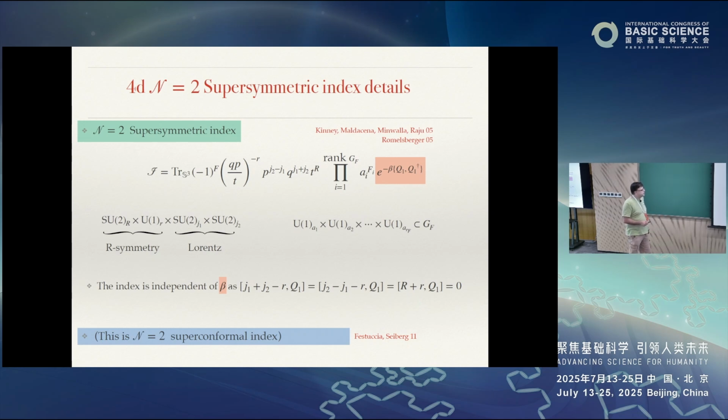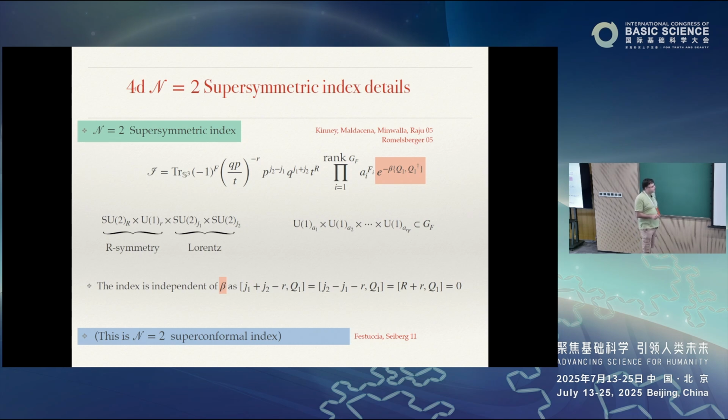It always depends on 3 parameters, Q, P, and T. And these parameters couple to symmetries that you have in an N equal 2 theory. So you have SU(2)_R times U(1)_r symmetry, and since you're quantizing the theory on S^3, you have the isometry of this S^3, which is SU(2)_J1 times SU(2)_J2.